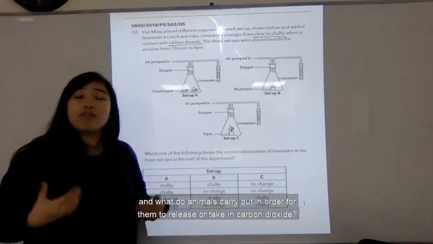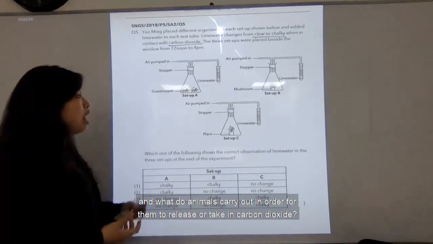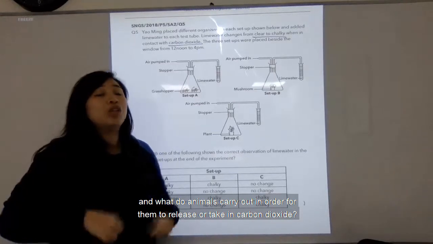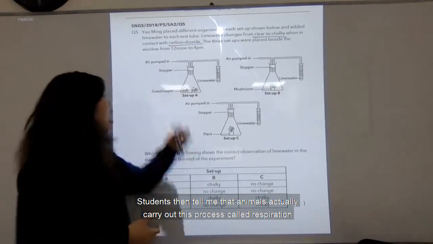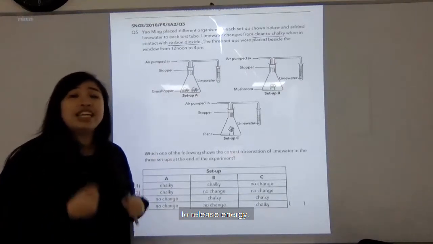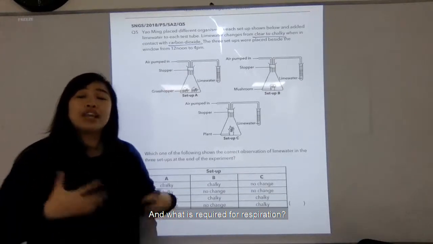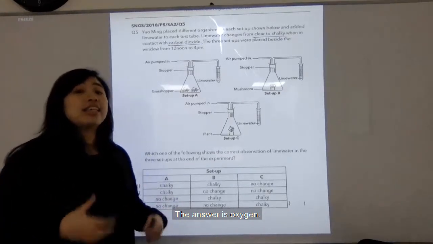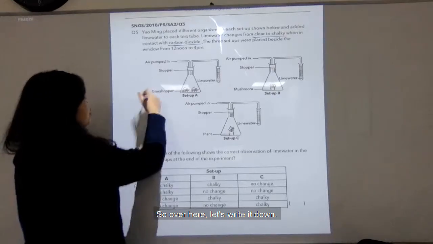And what do animals carry out in order for them to release or take in carbon dioxide? Students will then tell me that animals actually carry out this process called respiration to release energy. And what is required for respiration? The answer is oxygen. So over here, let's write it down.